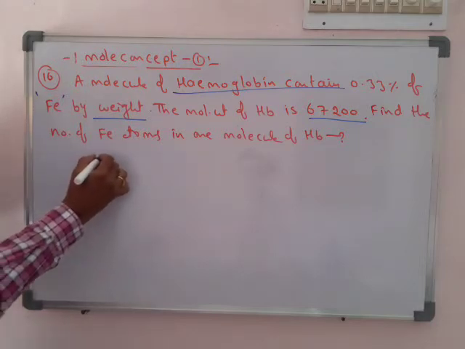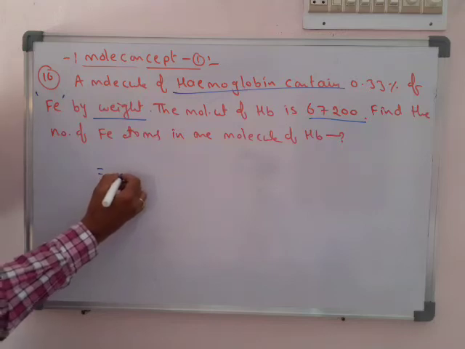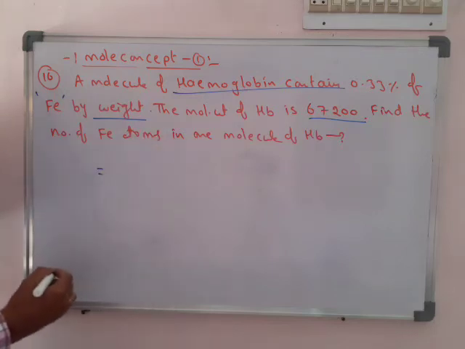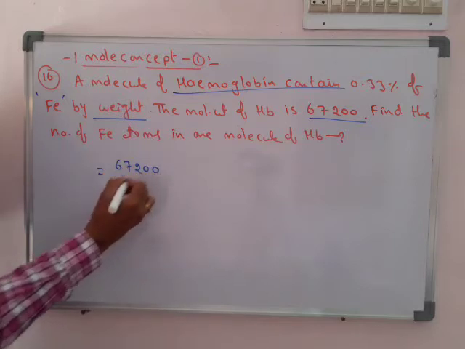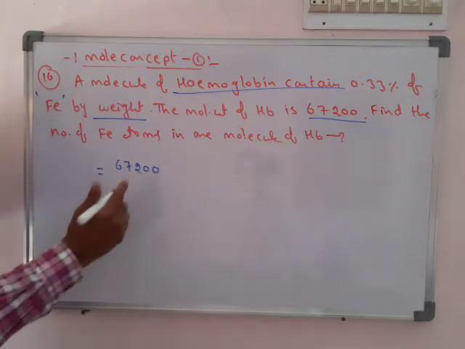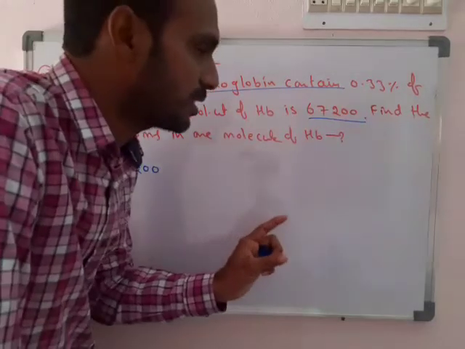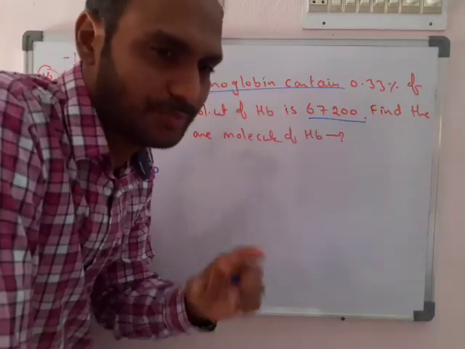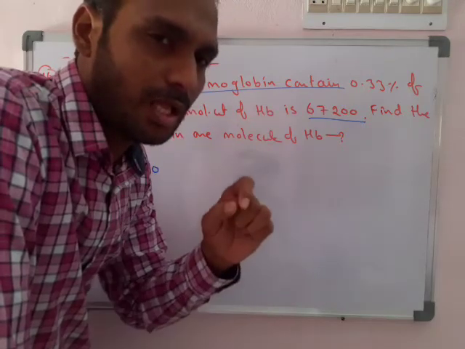So molecular weight of hemoglobin is 67,200 grams. Okay, so next దీని weight ఎంత ఇప్పుడు 67,200 grams. 67,200 grams ఉంది.